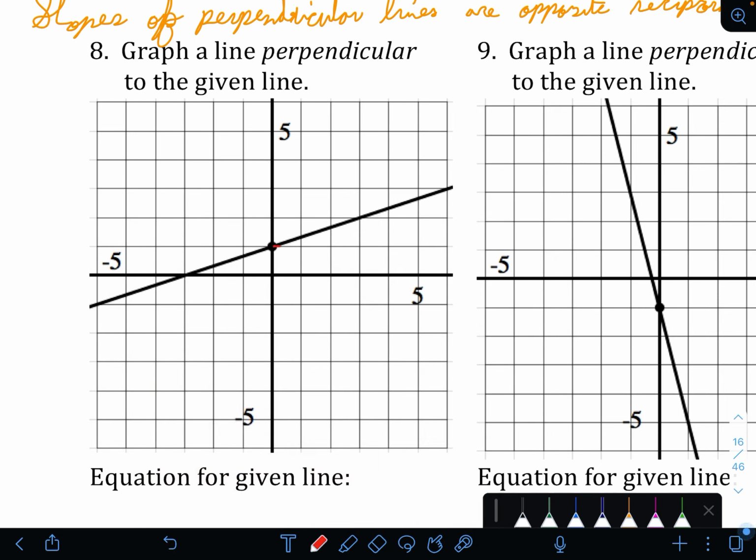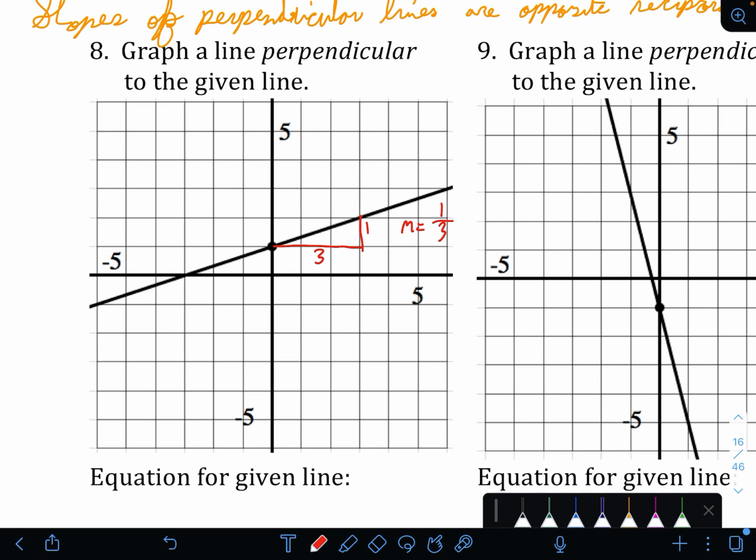So the first thing I want to do is just find out what the slope is. And here it is. My slope goes over 3 and up 1. So our slope is equal to a rise of 1 and a run of 3. So if it goes up 1, it goes over 3.